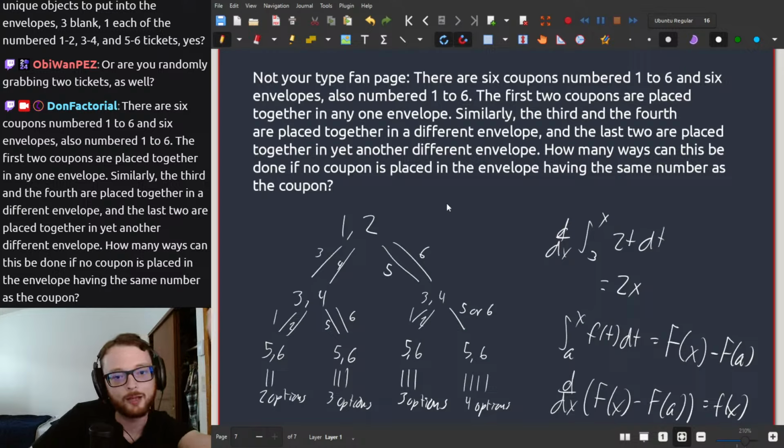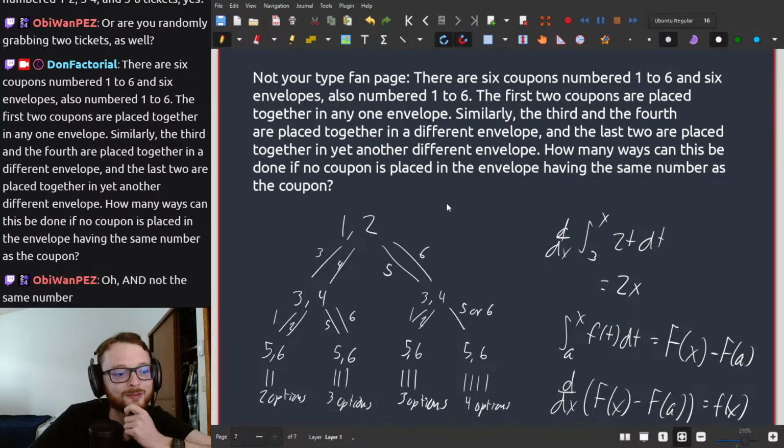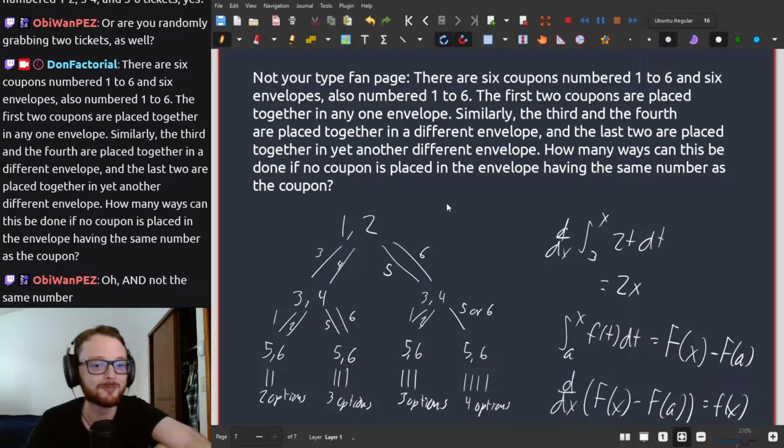So as far as I'm interpreting it, you have these coupon pairs. Yeah, and not the same number. So the coupons have numbers and the envelopes have numbers, and the numbers can never match. The coupons come in pairs, the envelopes are separate.